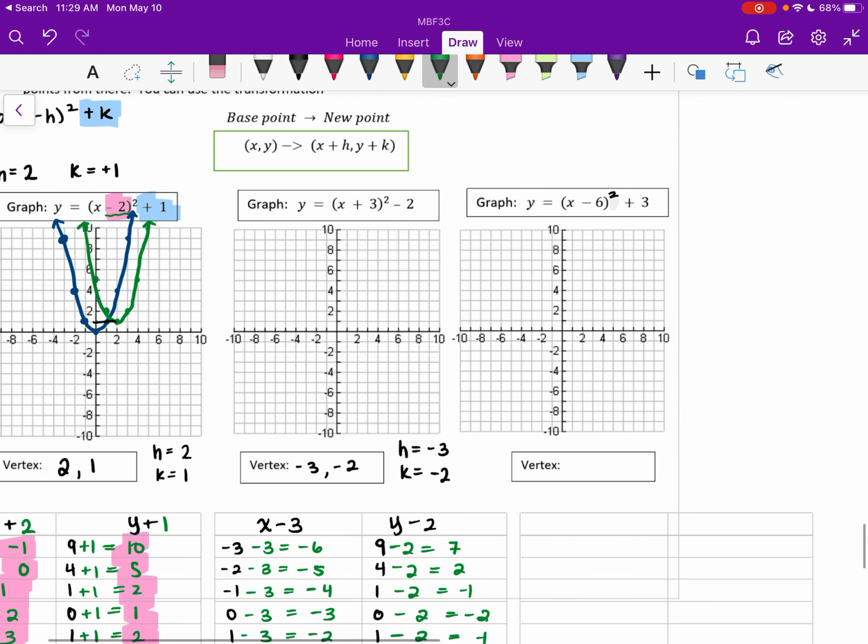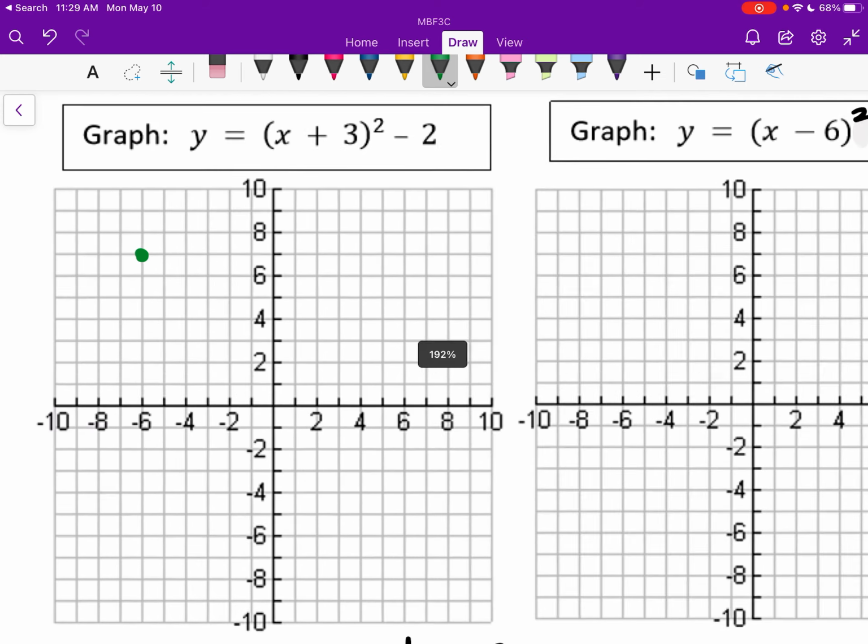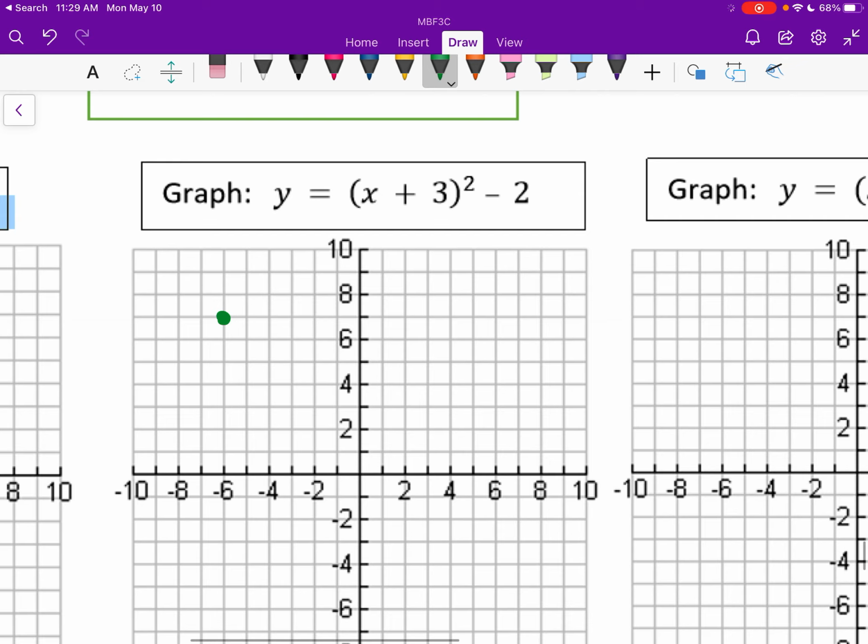I'm going to go put in these dots. So at -6, I'm going to go up to 7, which is right here. At -5, I'm going to go up to 2, which is right here. At -4, I'm going to be at -1, which is right here. At -3, I'm going to be at -2, which is right here. Like that.